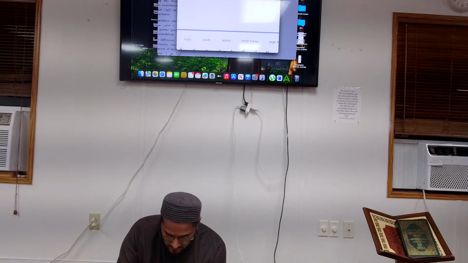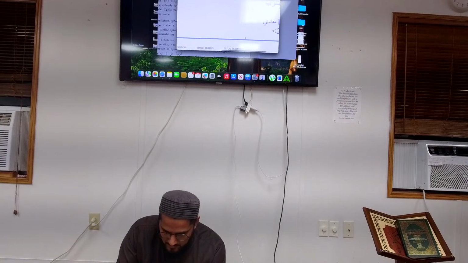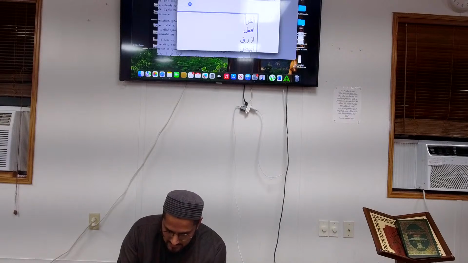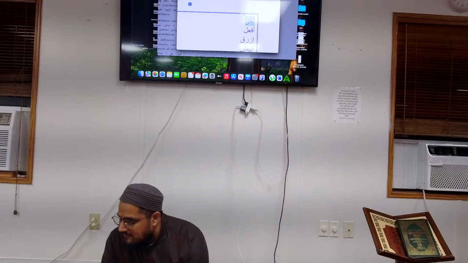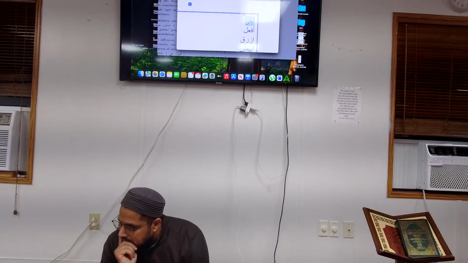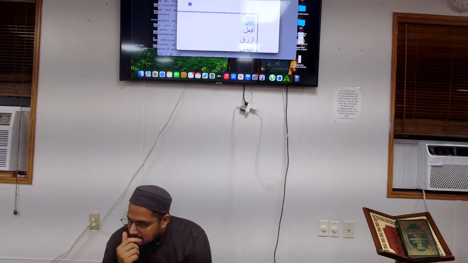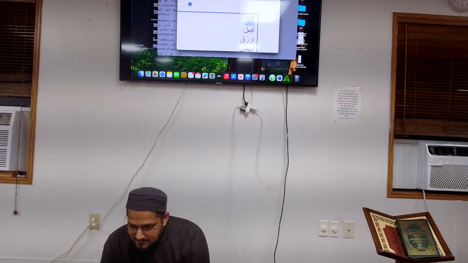So if you look at those root letters, hamza, kha, ra, I want you to take them and insert them in the position of fa, ayn and lam in the pattern of af'alu. What do you get? If I take that with the alif, it would be akharu.